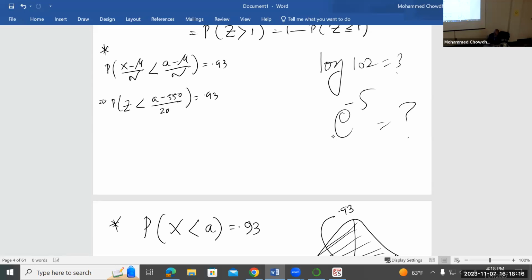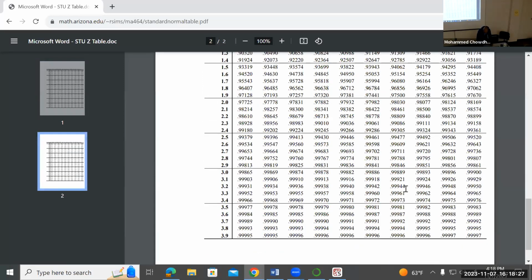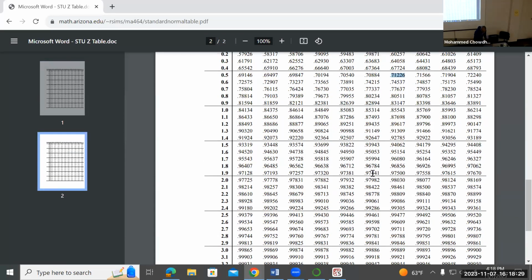Now this becomes Z, right? Now I have to search for 0.93 in the table. This is the closest one, 0.93. Are you okay?